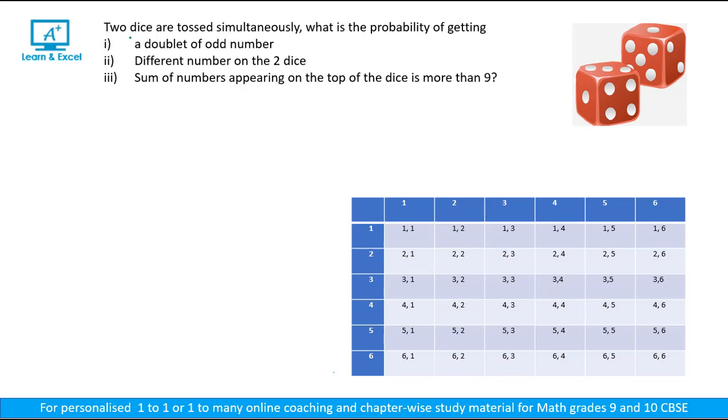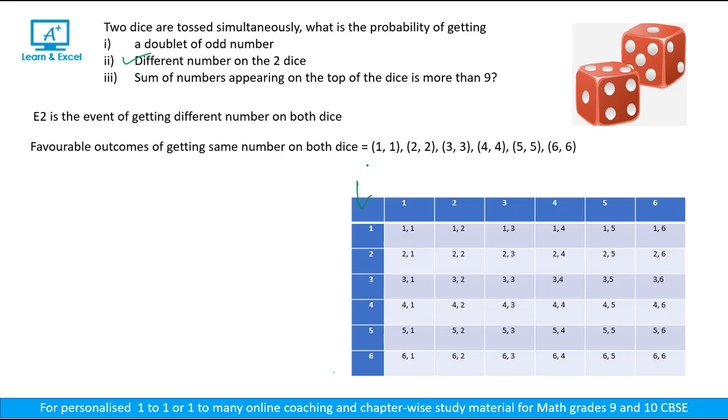Let us now toss both the dice and find the probability of getting different numbers on the two dice. Now one way is to look at this table and find all the different numbers on the dice, and we will get the probability. But that's going to be very time consuming. So let us find a shorter method. For this, we consider this event as E2. Let us find the favorable outcomes of getting the same number on both the dice, which is 1, 1, 2, 2, 3, 3, 4, 4, 5, 5 and 6, 6.